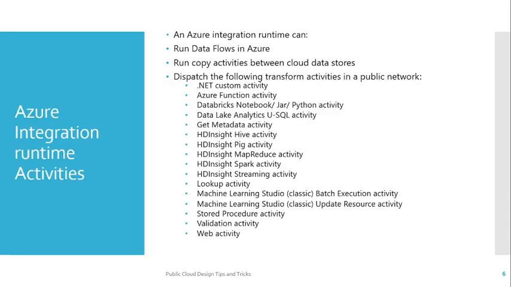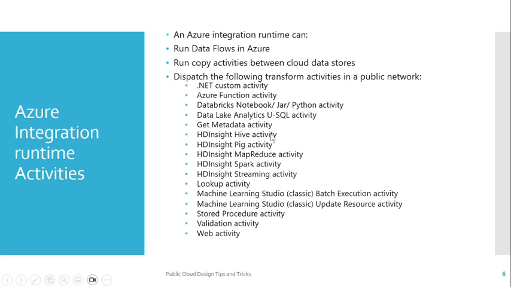First, Azure integration runtime activities. What are all the activities that you can do? You can run a data flow in Azure. You can run copy activities between cloud data sources. That means you have a data store in blob storage and you want to transform the data from blob storage towards a SQL database, or you want to copy the data from one blob storage to another blob storage. In that case you can leverage Azure integration runtime activities.